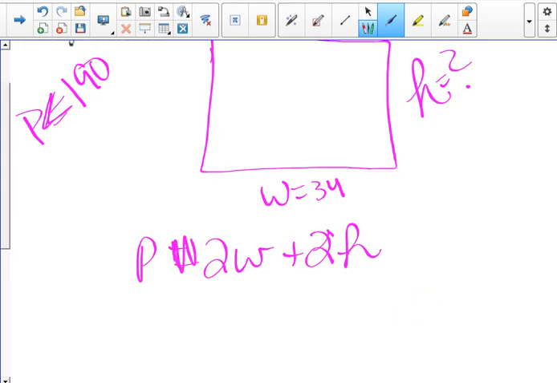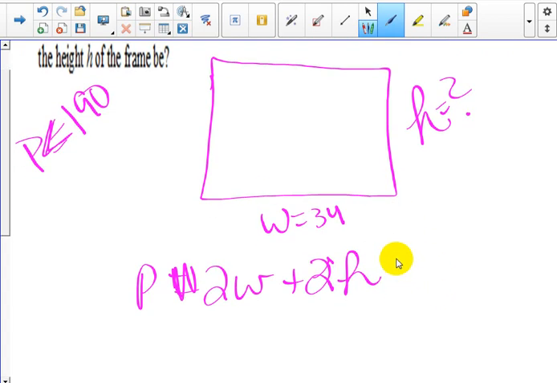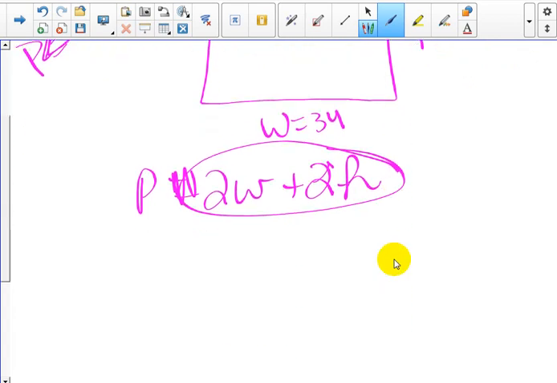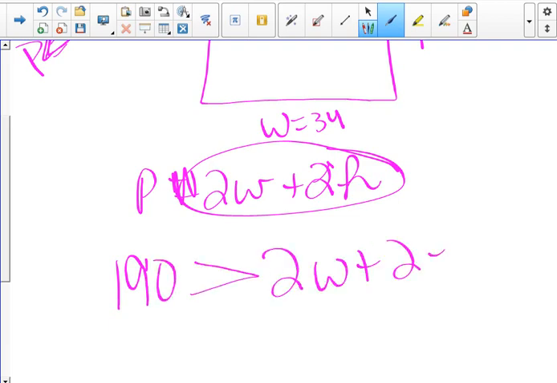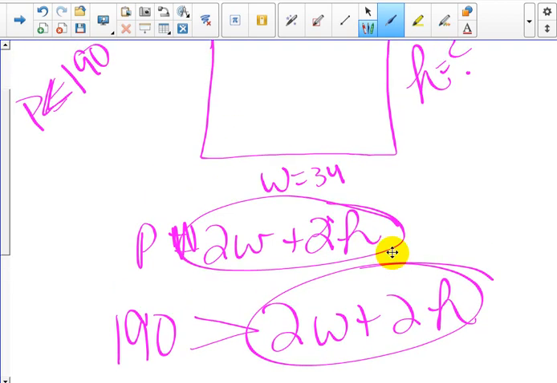We know the perimeter must be less than 190 inches, so all of this, the 2 times the W plus the 2 times the H, must be less than 190 inches. Well, we know the width is 34, so replace W with 34. But we don't know the height, so we're going to leave H alone.